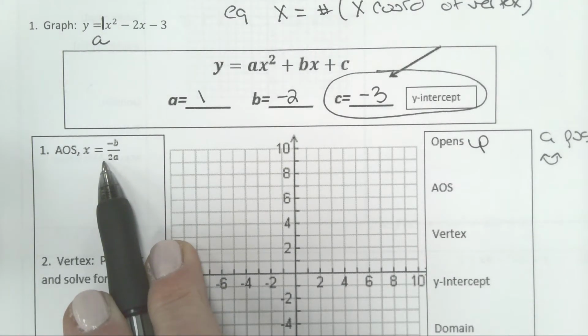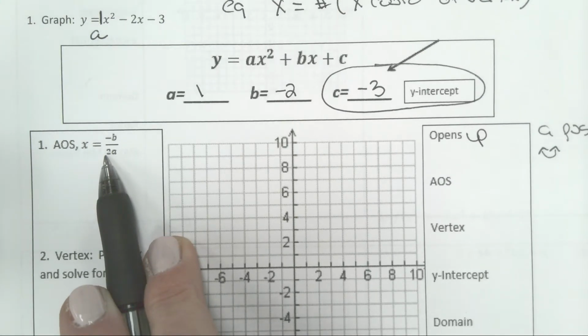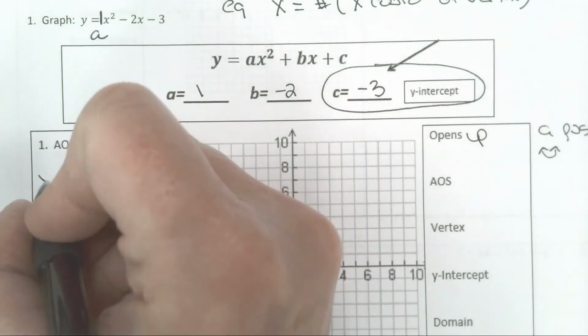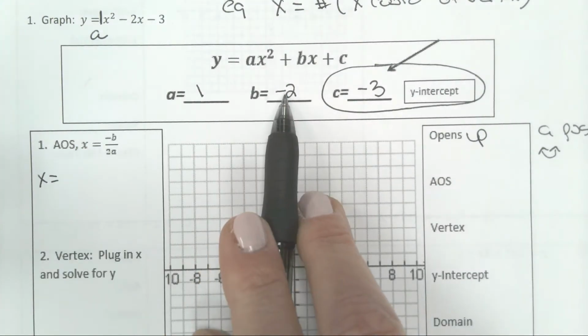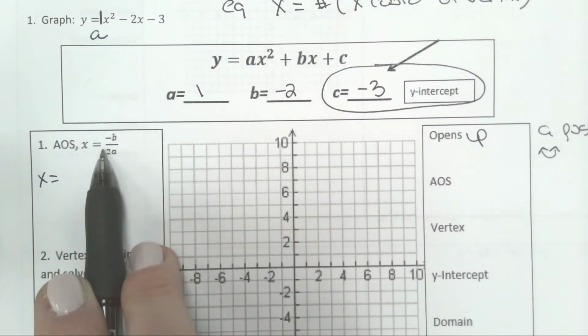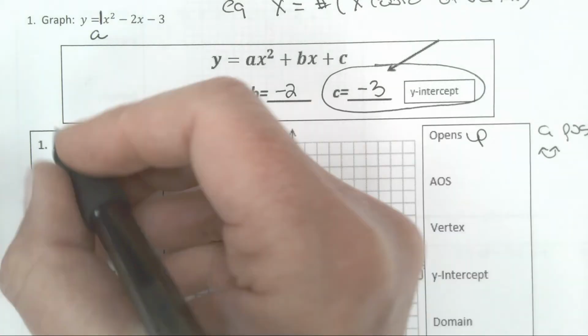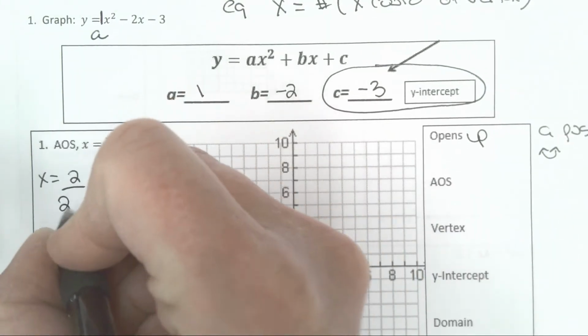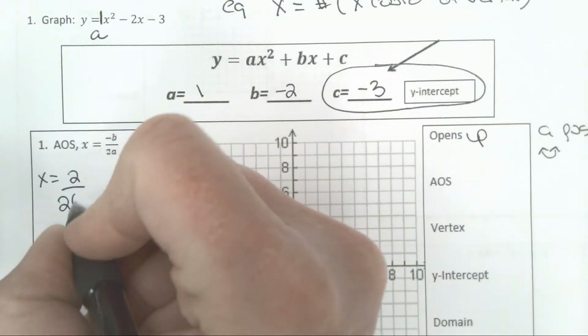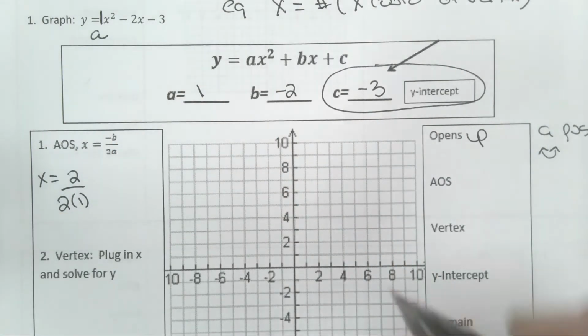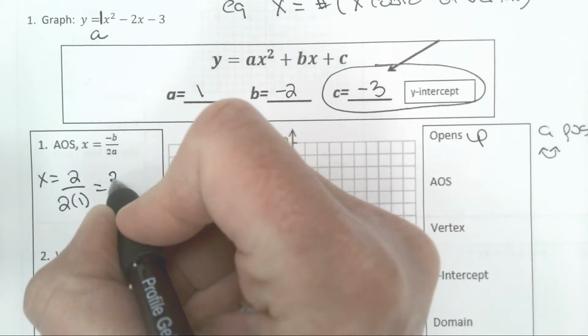The first thing that we do is we find the axis of symmetry by using the formula negative b over 2a. So the negative here in front of it means you take that sign and you change it. So the opposite of negative 2 is 2. And then a is 1. So you have 2 over 2 times 1.